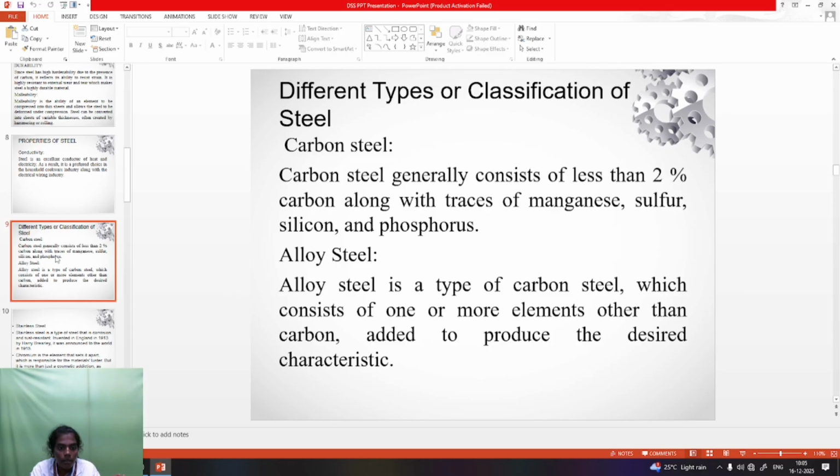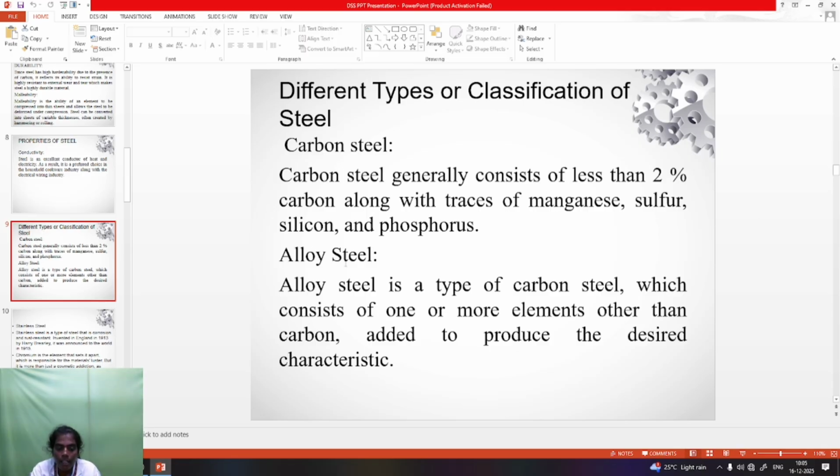Next are the different types of steel based on carbon content. Carbon steel and alloy steels are the most used for construction. Carbon steel means I section, angle section, channel section. These are used to form railway platforms and steel structure platforms. It has less than 2% carbon content, with small amounts of magnesium, sulfur, silicon and phosphorus.